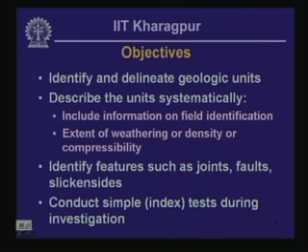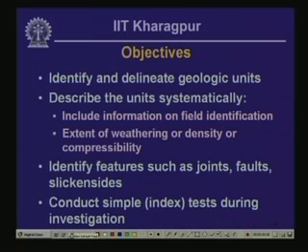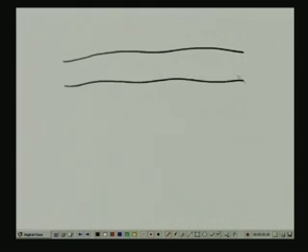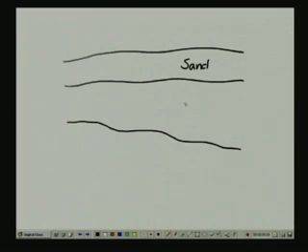For example, a particular site may be underlain by a layer of soil. So this one here is a layer of say sand, and then underneath that layer there could be a layer of silty clay.